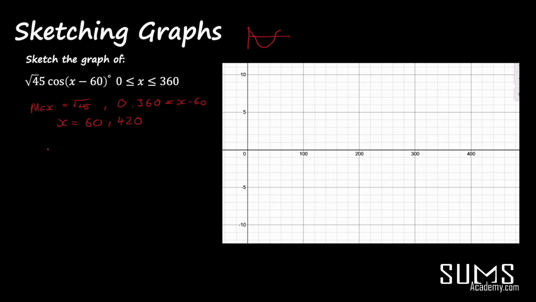And what about the minimum? We know that's going to be negative root 45, and the minimum usually occurred at 180, but now the new one is going to be 60 along from there, so that's going to be 240.